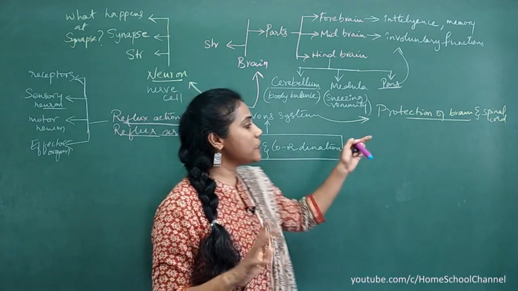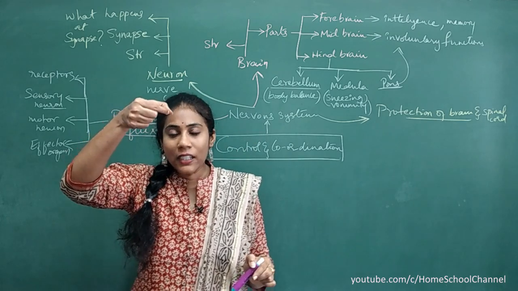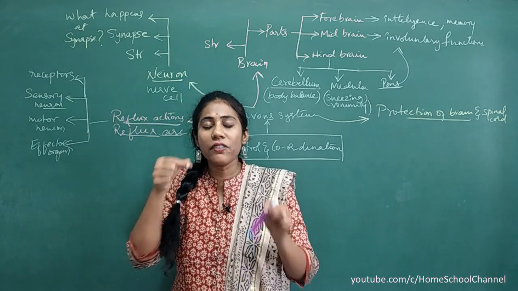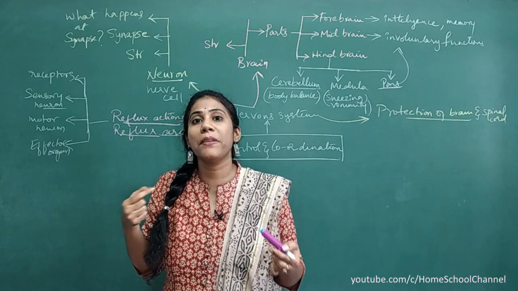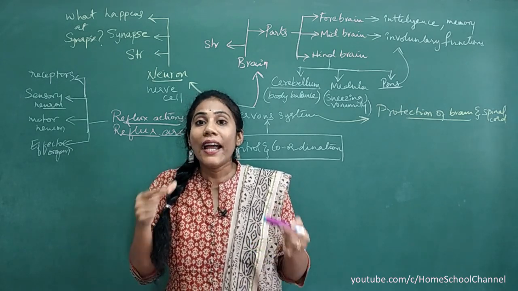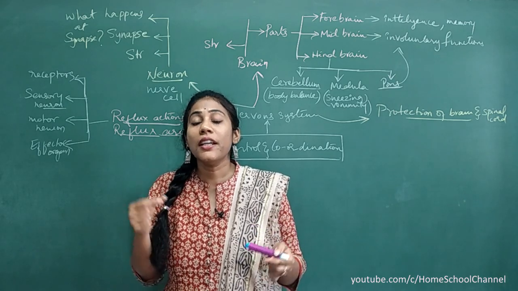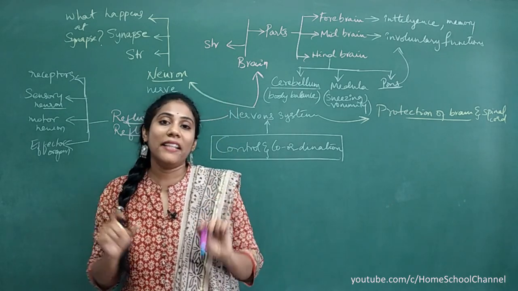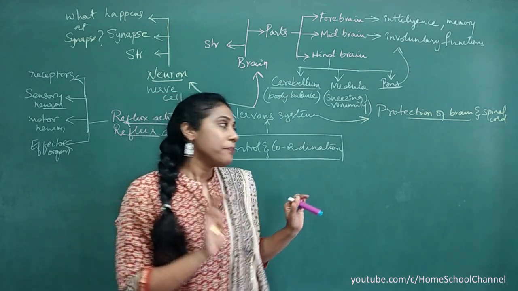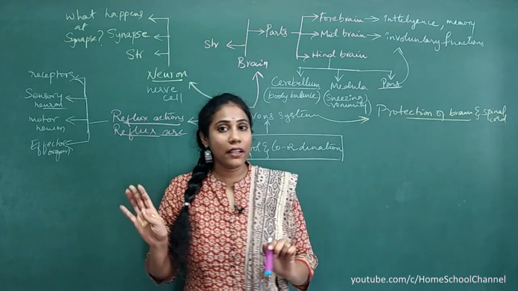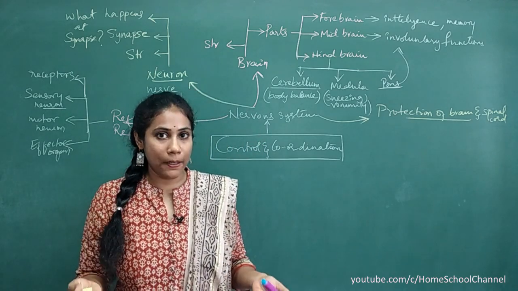And coming to the spinal cord, spinal cord is a very delicate structure which is protected by the backbone, the vertebral column. This is a bony structure which actually protects spinal cord, right? So how the protection takes place for brain as well as spinal cord, you need to have an idea about it.